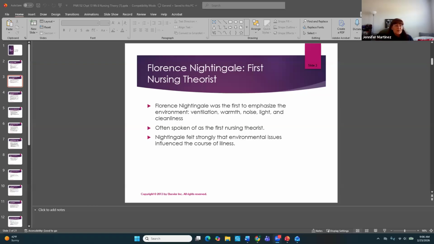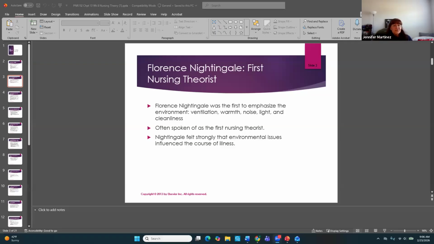So she is considered the first nursing theorist. She believed the environmental issues influenced the course of illness, right? She also saw the nursing role as separate from just the person to do the doctor's bidding. She was also the first to collect data and use evidence to make her clinical decisions. Hence, why do we wash our hands in between our clients?